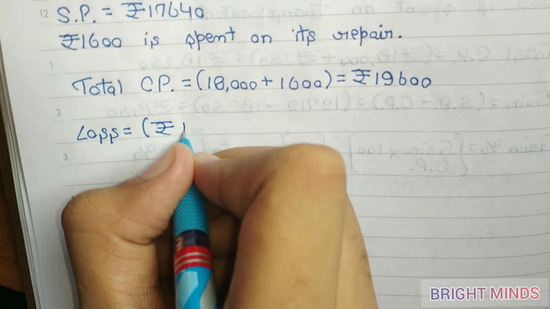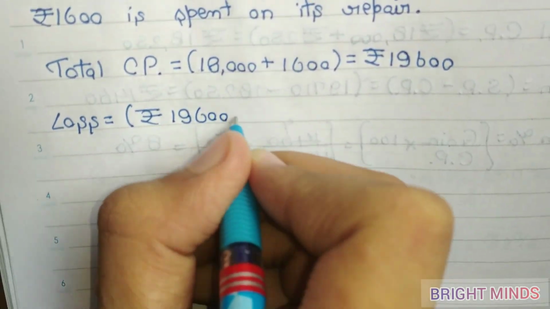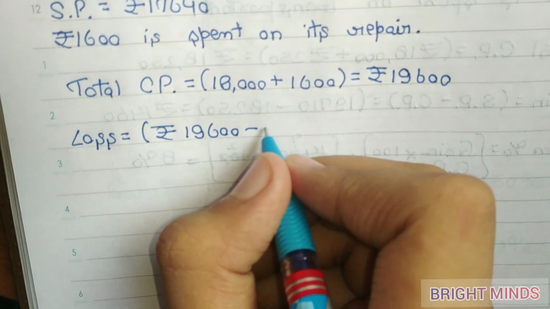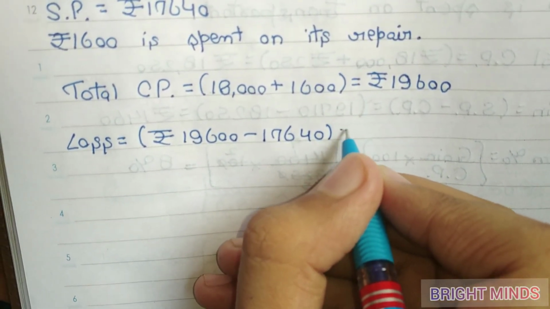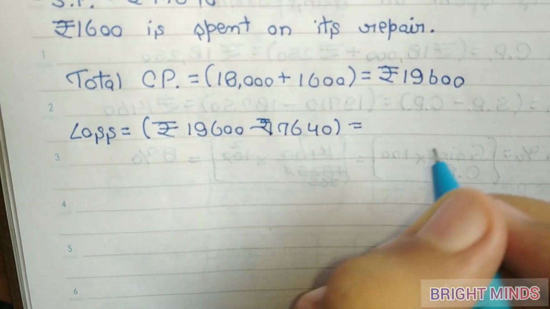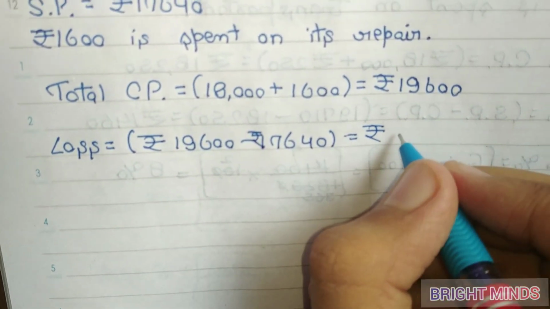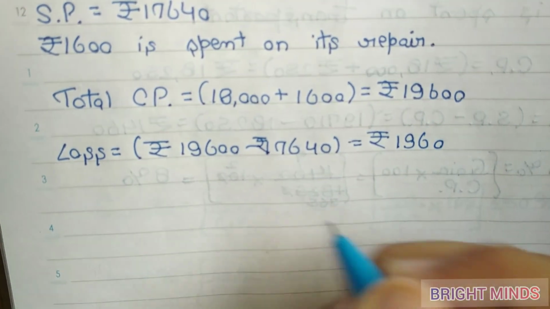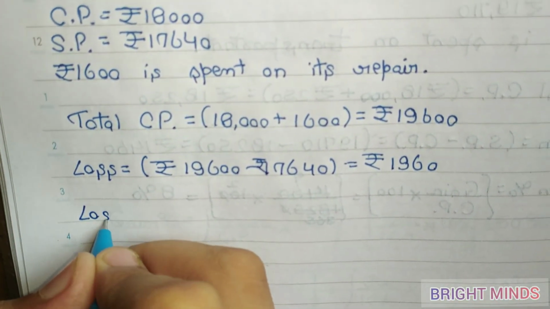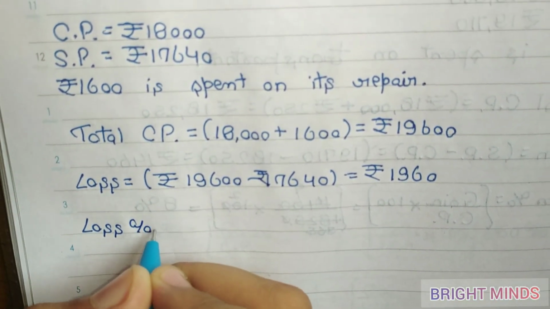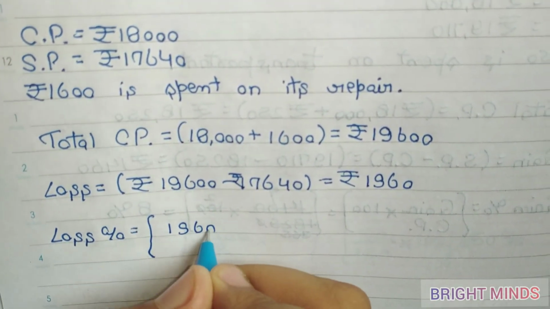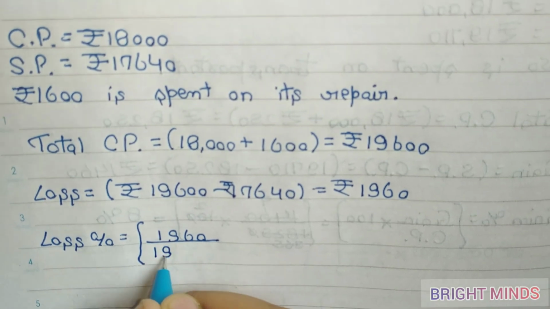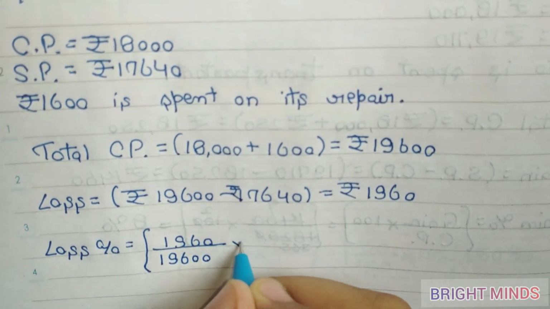rupees 19,600 minus 17,640 is equal to rupees 1960, and our loss percent is equal to 1960 upon 19600 into 100.